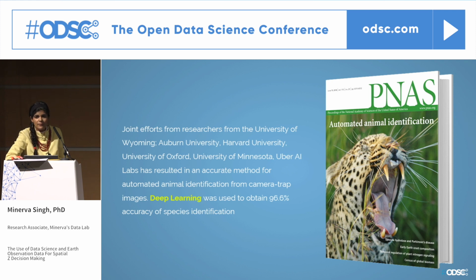The camera traps were put up in the Serengeti National Park in Africa, and a lot of photographs of different animals doing different activities were captured. And usually people have to sit in front of these camera trap images to identify what animal it is and so on. But they built a deep learning model which can do all of this automatically with 96.6% accuracy.